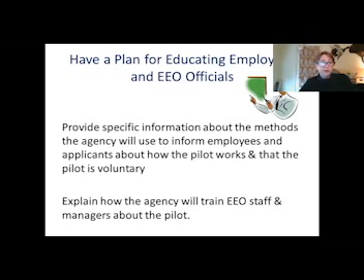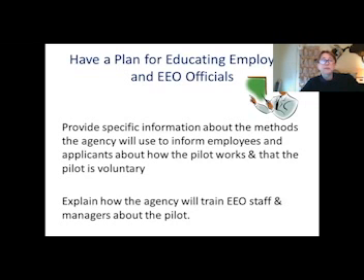One of the pilots that we have approved spent the first quarter of the first fiscal year of the pilot educating employees and EEO staff, and really marketing the pilot to the employees to get buy-in.